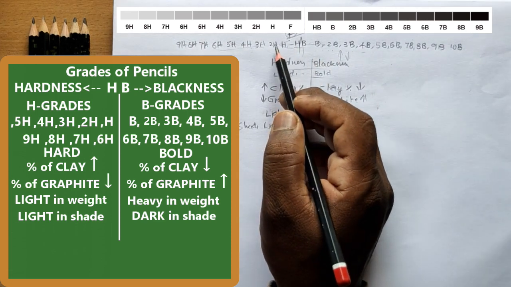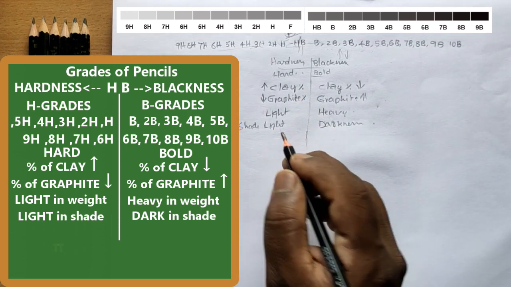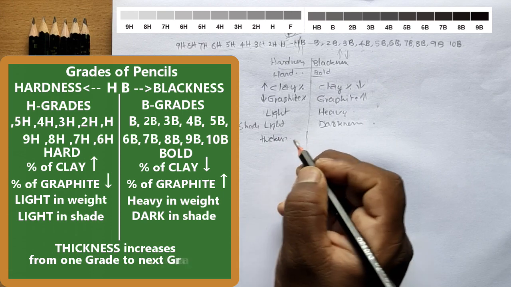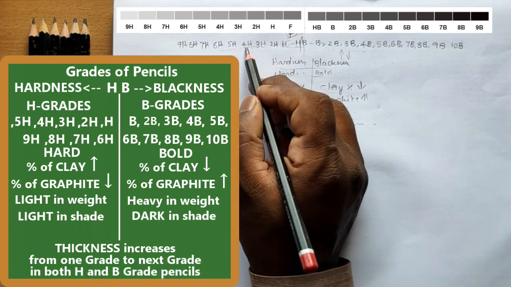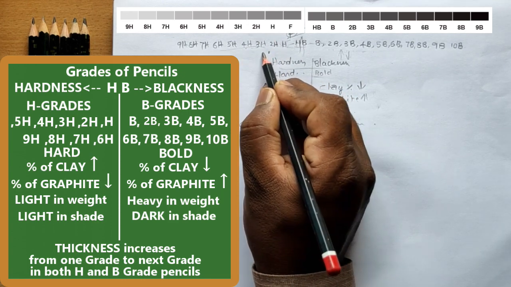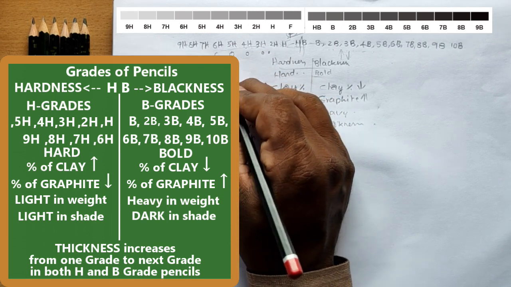From number to number, the thickness of the lead, the diameter of that particular number, increases. When the number changes, the diameter increases. This will be very small in size, and then a little bit more, a little bit more, and then more.